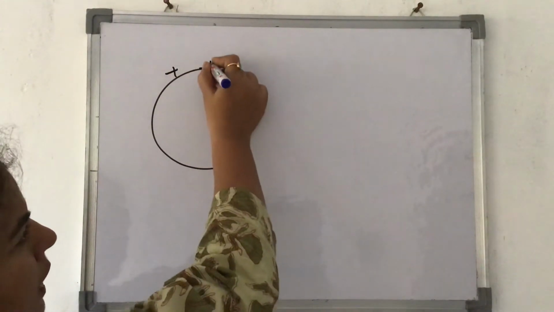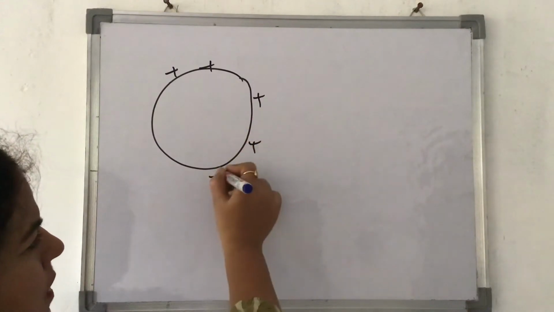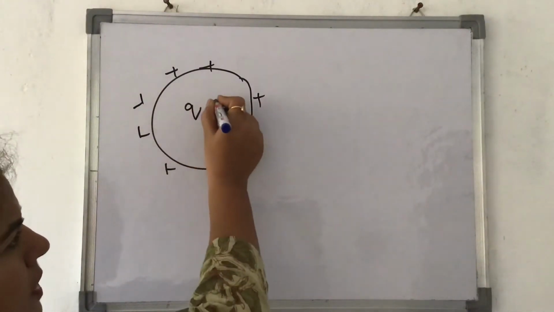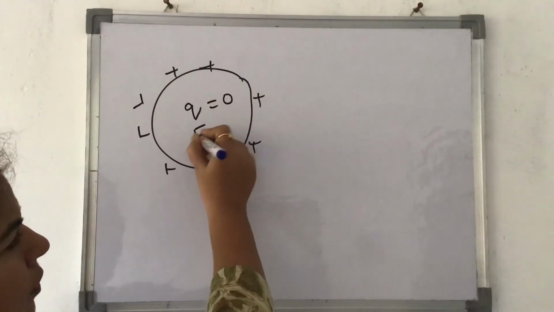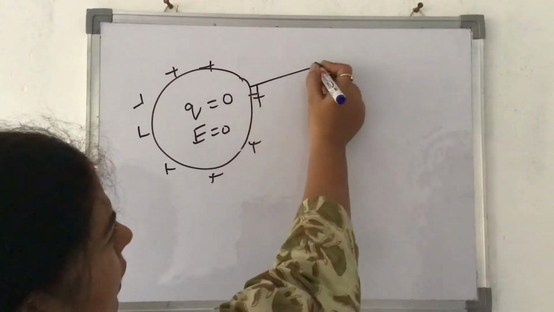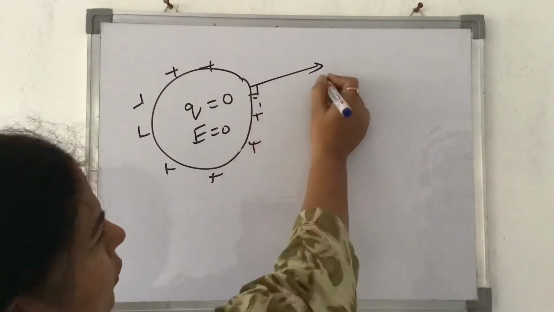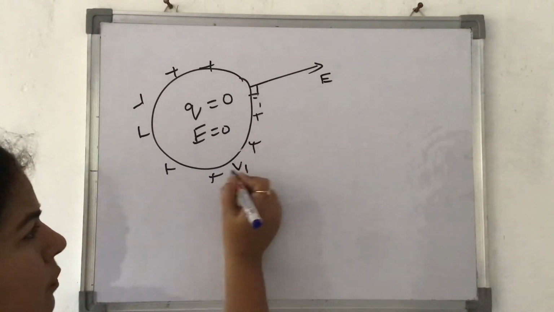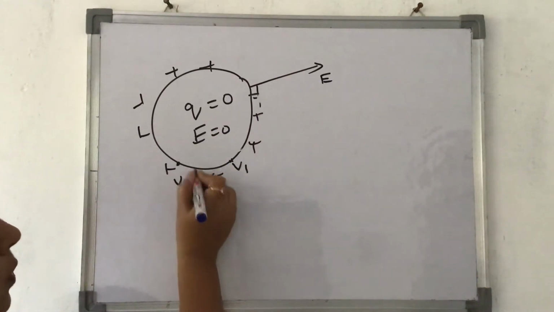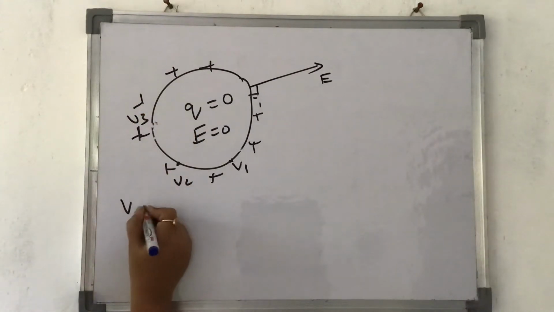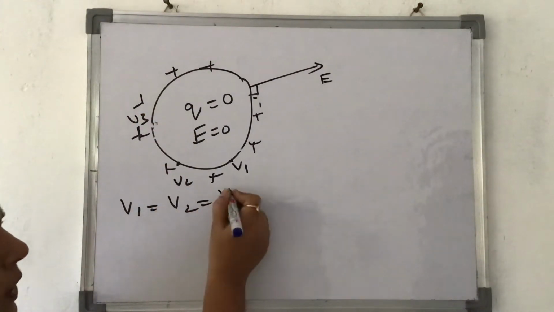I am drawing all the charges on the surface. Inside, the charge is 0, inside the electric field is 0, then the electric field makes an angle of 90 degrees with the surface, and then I'm writing V1 is equal to V2 is equal to V3.